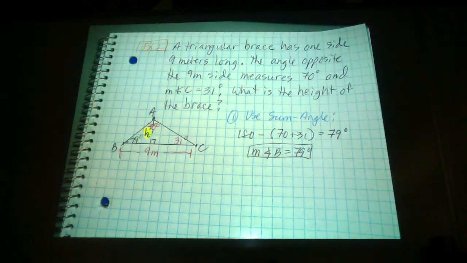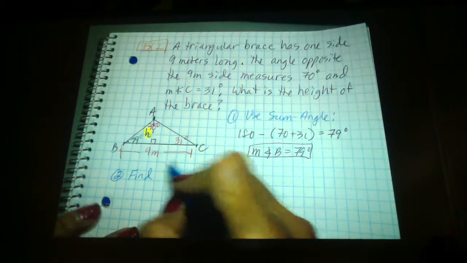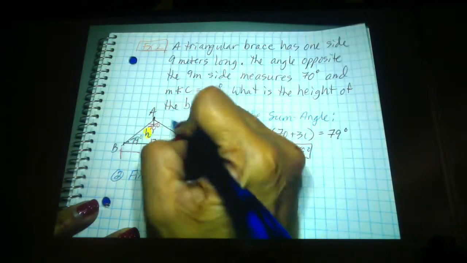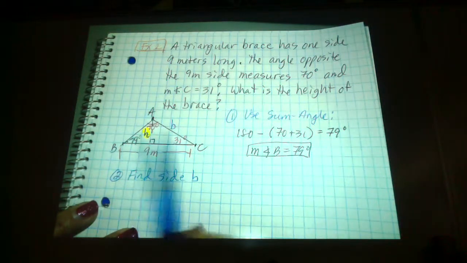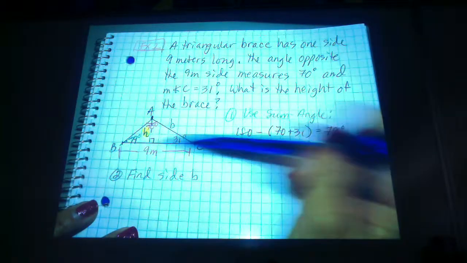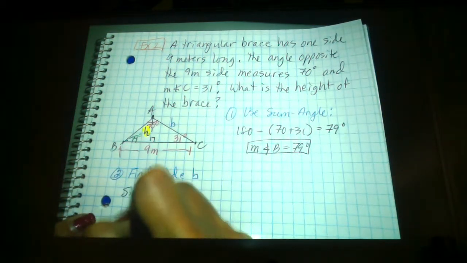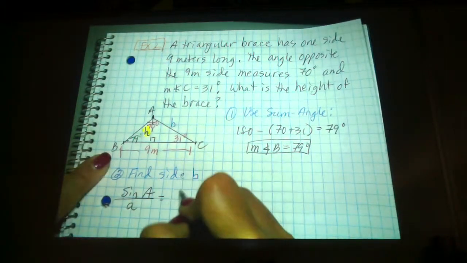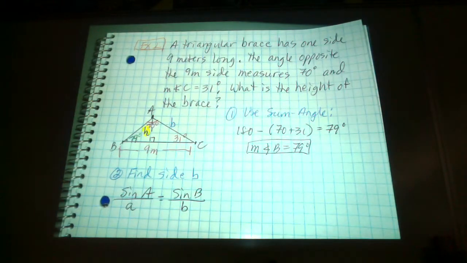So then part 2, I want to find side B, little b, which is this side right here. It's across from angle B. I know the entire angle A and the side opposite it. So I'm going to use law of sines. Sine of A over side A equals sine of B over side B. Plug in what you know.